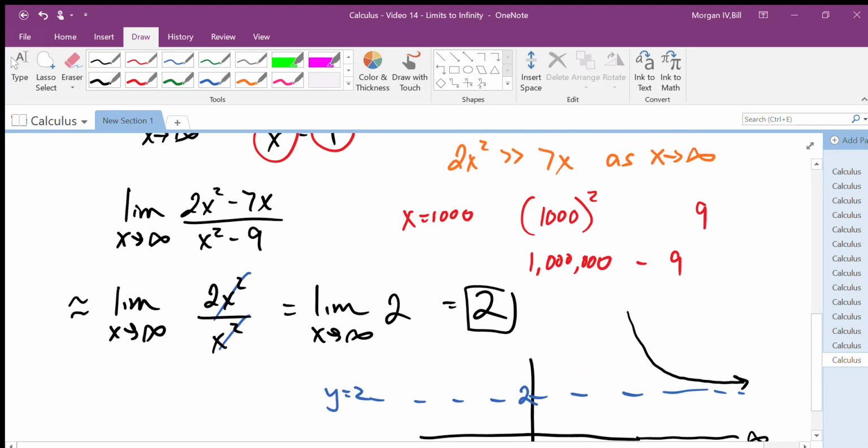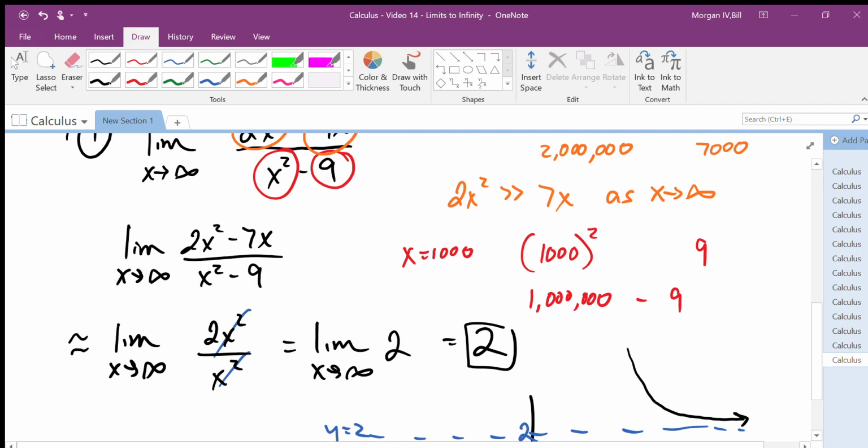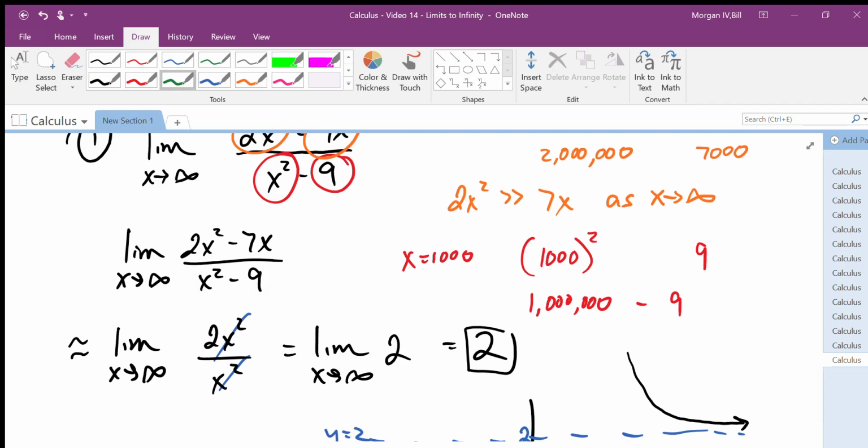Notice one main thing about the original function that we're taking the limit of, this green here. We started with 2x squared minus 7x over x squared minus 9.